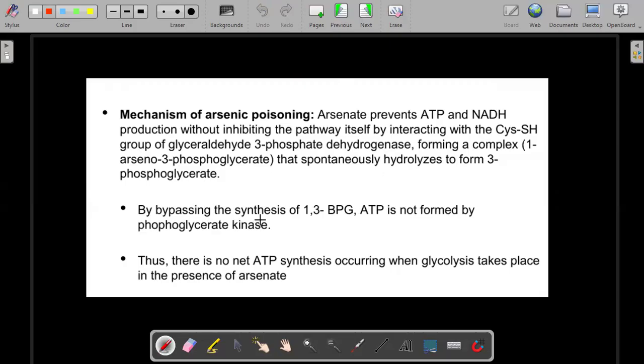By bypassing the synthesis of 1,3-bisphosphoglycerate, ATP is not formed by phosphoglycerate kinase. That's how arsenic inhibits glycolysis without inhibiting any of the enzymes in that pathway. That's another regulation you can have.